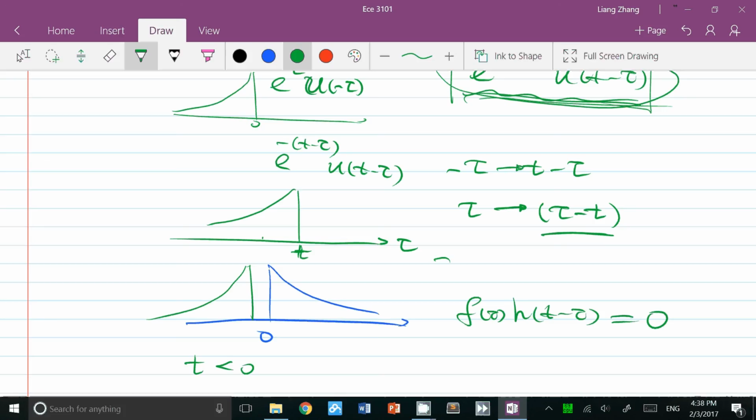No matter where t is, as long as t is negative, there's no overlap of the two curves, so there's no way you do an intersection. That means when this happens, y of t is always 0.